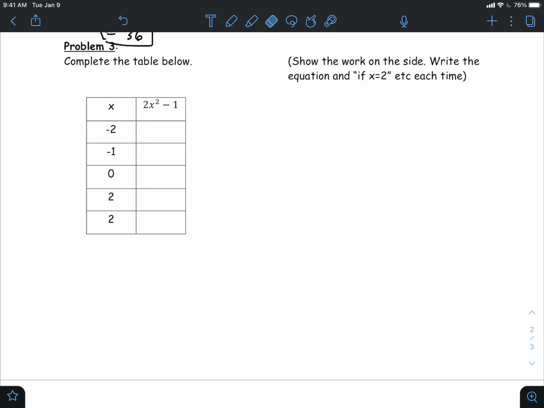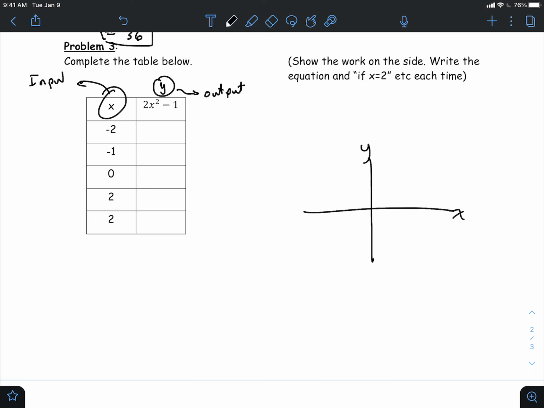Have you ever plotted points before on a grid? Have we ever done that? Yes? So if you had a coordinate grid like x, y, here are your x's, and these you would call y's, or we'll call these outputs. Y is always kind of an output, and x is an input. Do you know why we call them that?